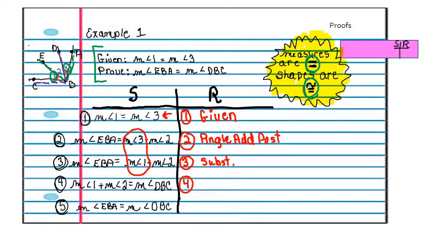In number 4, we've kind of turned it around here, and what we have done is changed these around. We've moved one for the other. And this is allowed because, again, we can add angles together, so we have the angle addition postulate.